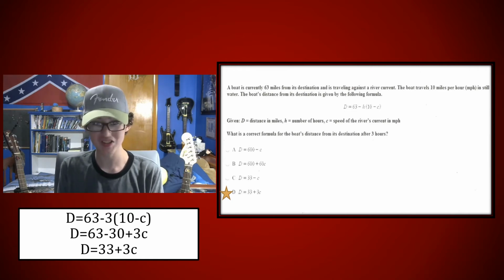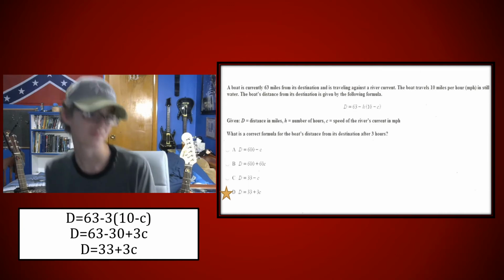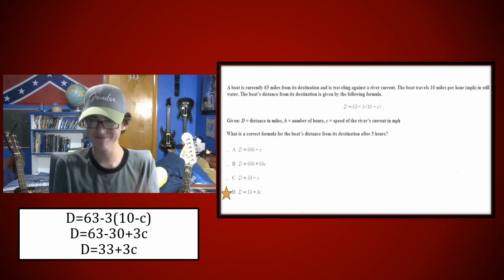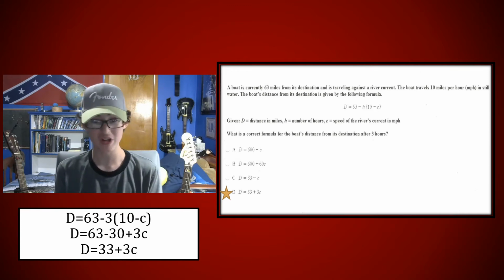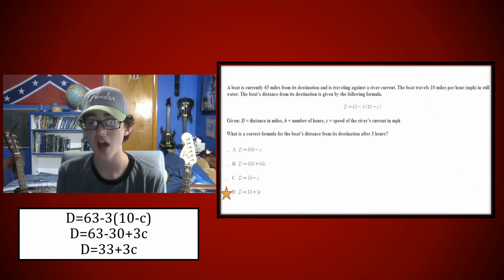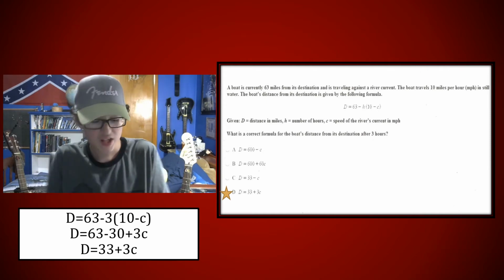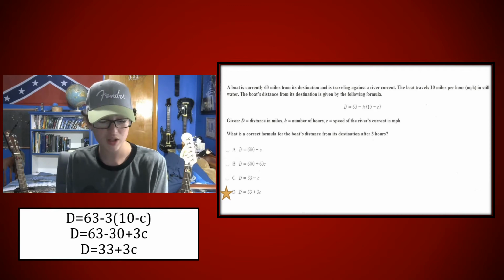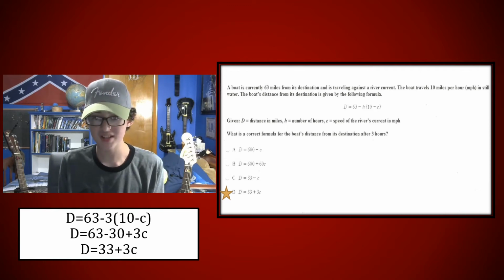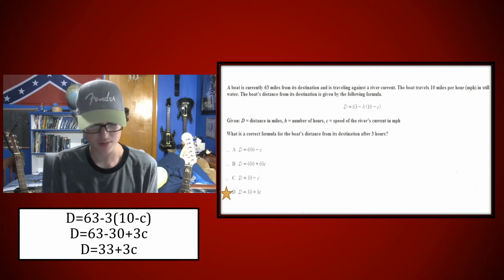I can't talk today. I don't know why. Guess something in here. C is equal to the speed of the river's current in miles per hour. Okay, so it gave us everything, and we're just going to try to solve it. What's the correct formula for the boat's distance from its destination after 3 hours?